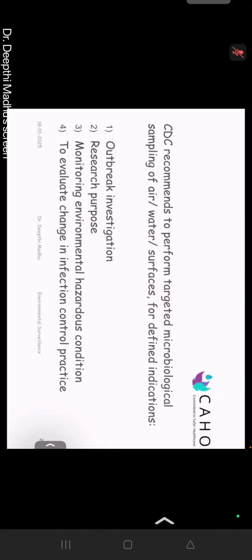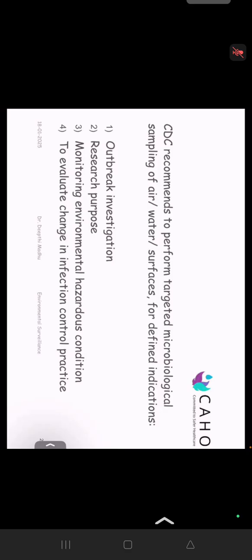Then we have air sampling. Air sampling is not indicated for every clinical space. It is required for clinical spaces where you want maximum sterility or minimum microbial burden in the air. And as a routine practice in all healthcare facilities, wherever you want to achieve very low microbial burden in the air, you will automatically have installed a HEPA filter.